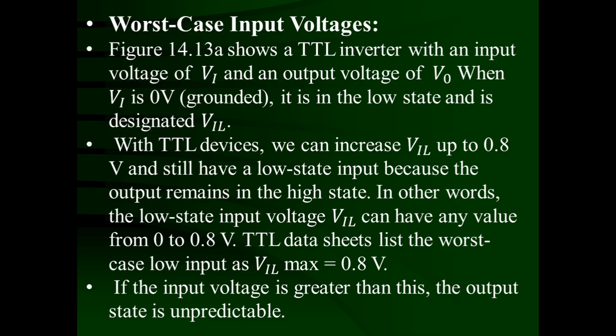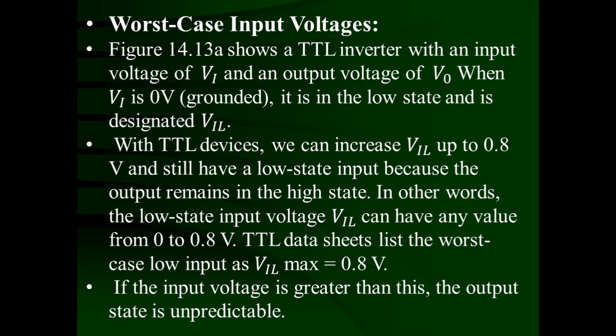The output voltage is VO. When VI is equal to 0 volt, grounded, it is in the low state and it is designated as VIL. VIL means input voltage when it is in the low state. With TTL devices, we can increase VIL up to 0.8 volt and still have a low state input because the output remains in the high state.